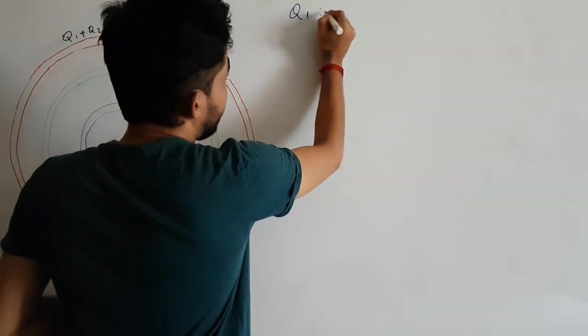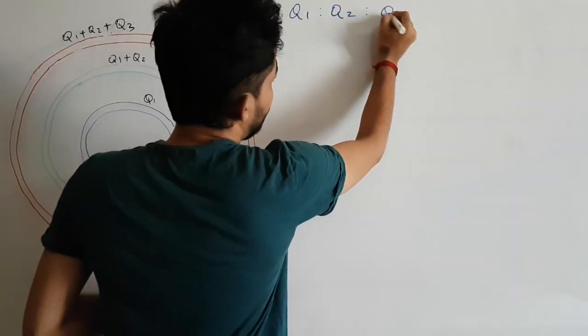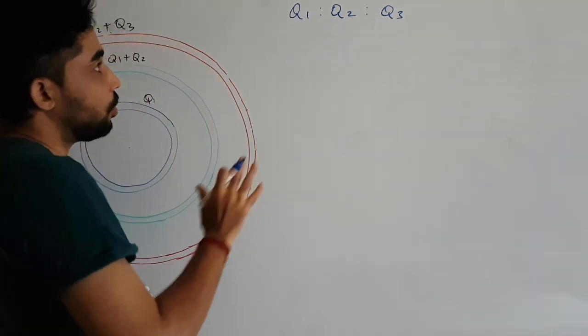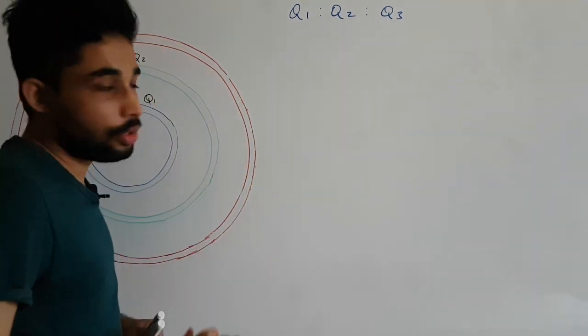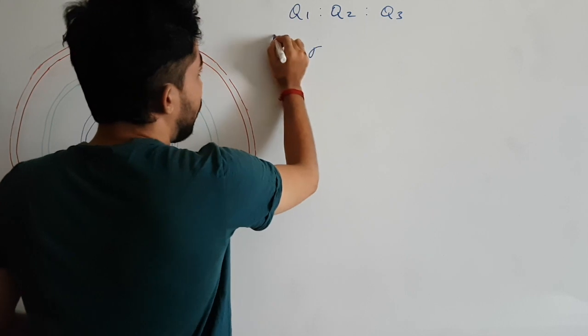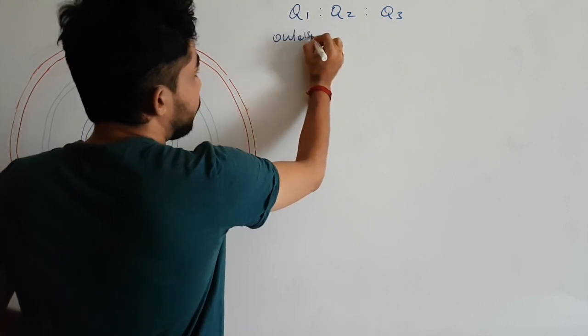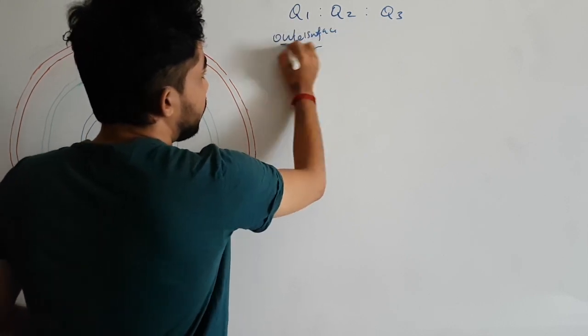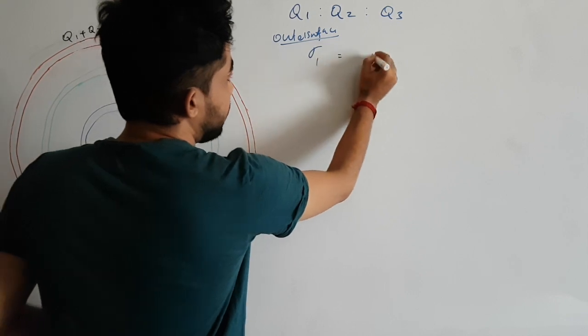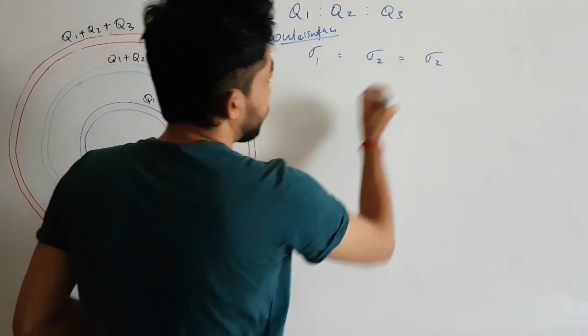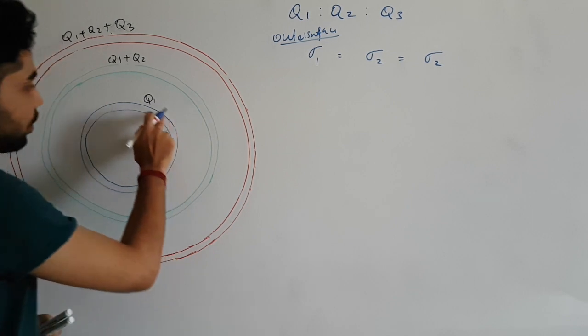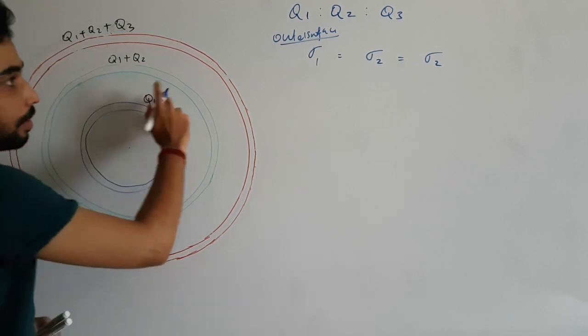They have asked for the ratio of q1 to q2 to q3. I'm going to use the condition which they told, that for the outer surfaces, the charge densities are equal. The outer surface of the first shell has a charge of q1.